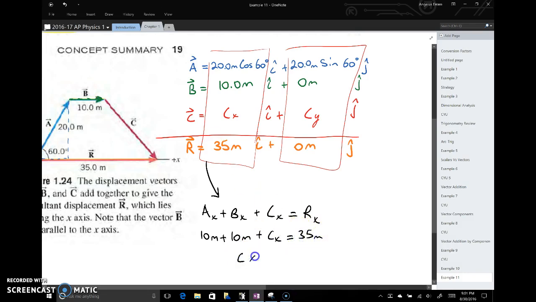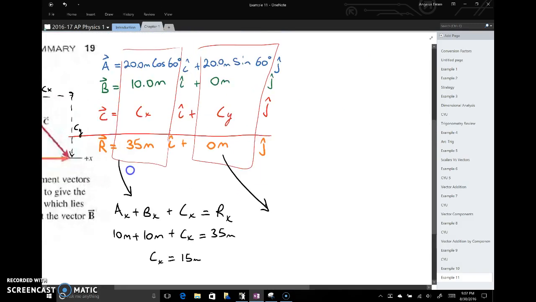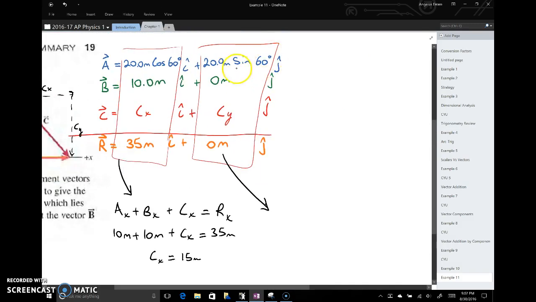So it looks like cx needs to be 15. That agrees with our diagram that the x component of c should be in the positive x direction. We're expecting the y component of c to be in the negative y direction, so we'll see what happens. That's 15 meters. Let's see what happens over here. So this is not as easy, right? Sine of 60 is what?